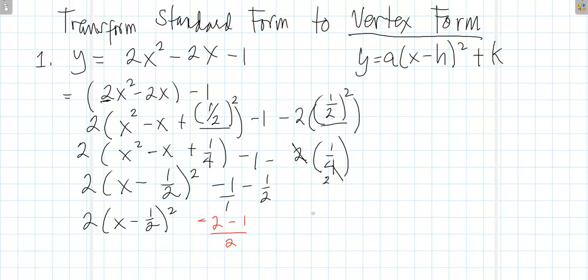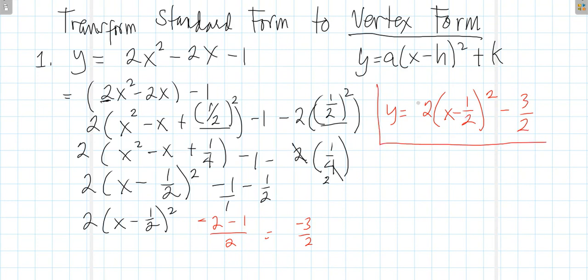So therefore the answer now is 2 times x minus 1/2 squared, minus 3/2. So this is now your equation. This is now in the vertex form. Okay, so another.